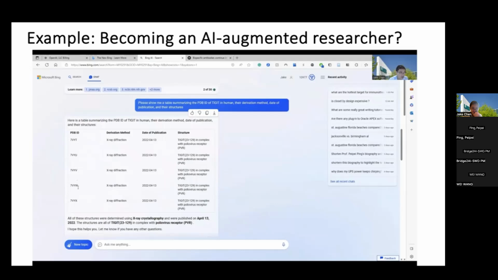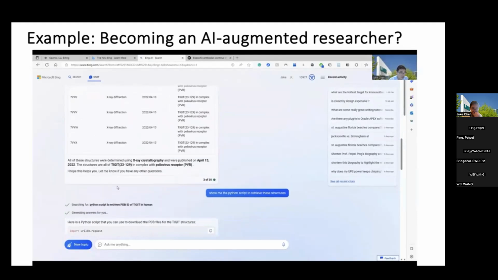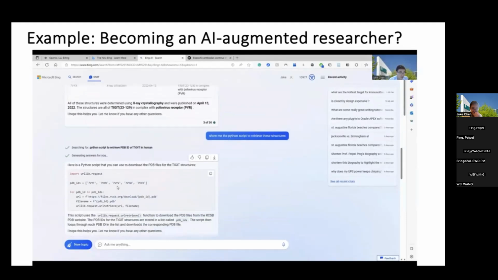Wow, there are altogether 5 structures. They were all published last year with the TIGIT in complex with poliovirus receptor. All of these structures seem to be good. Of course, you need to verify it. And the way that I want to verify it is to write a Python script.